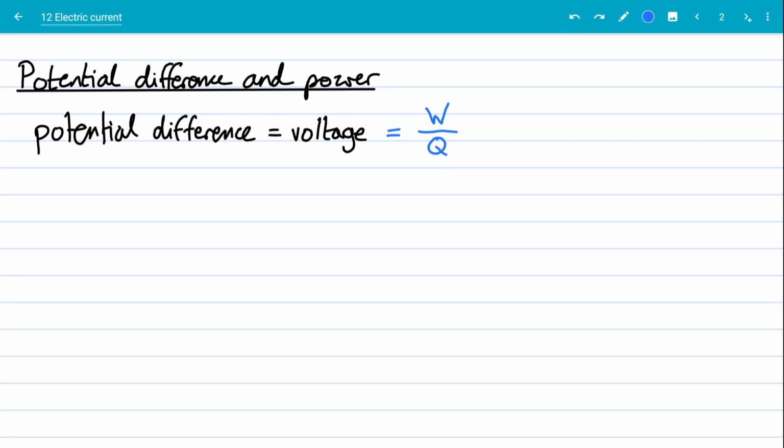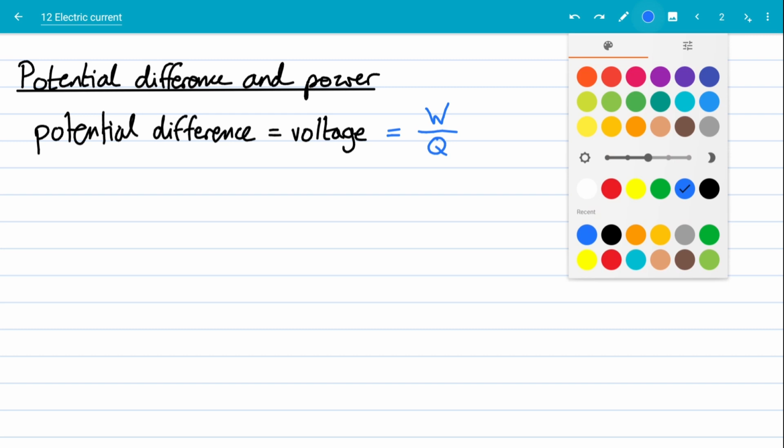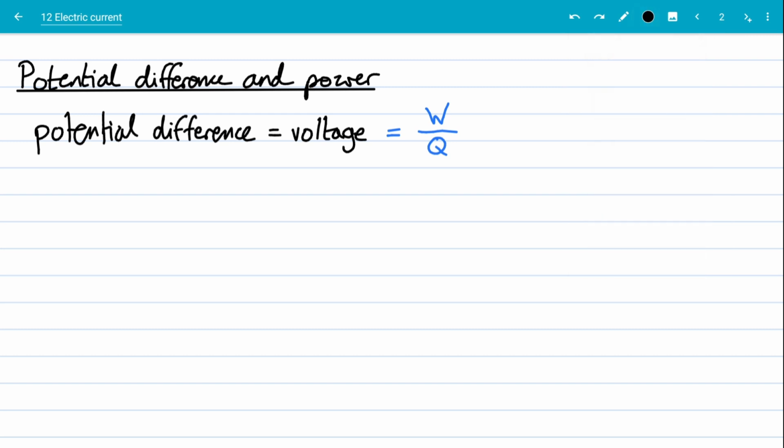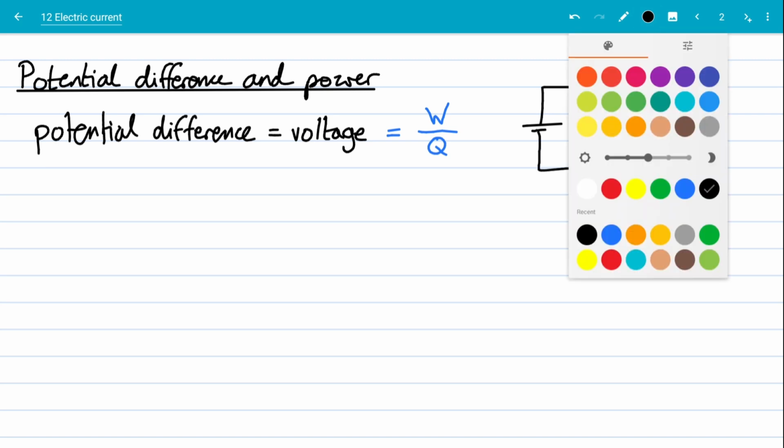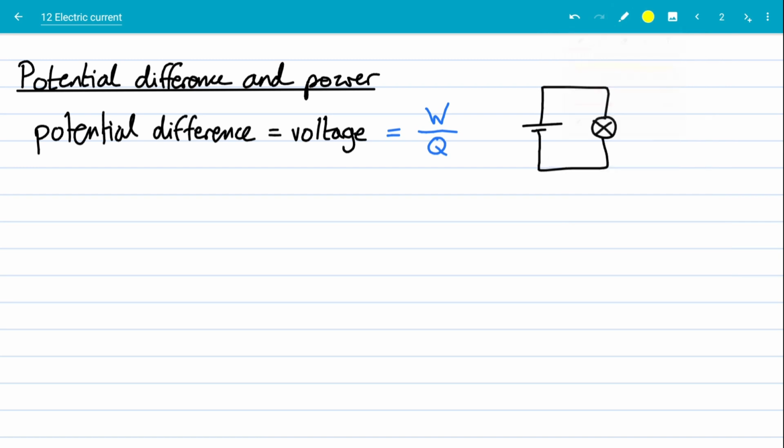And that's fine. The problem with that is that students have this misconception that the charge goes through a power supply, trundles through there, goes through a lamp, and I'll use the signal lamp symbol rather than the filament lamp symbol, and then goes back to the power supply, back to the cell or the battery.